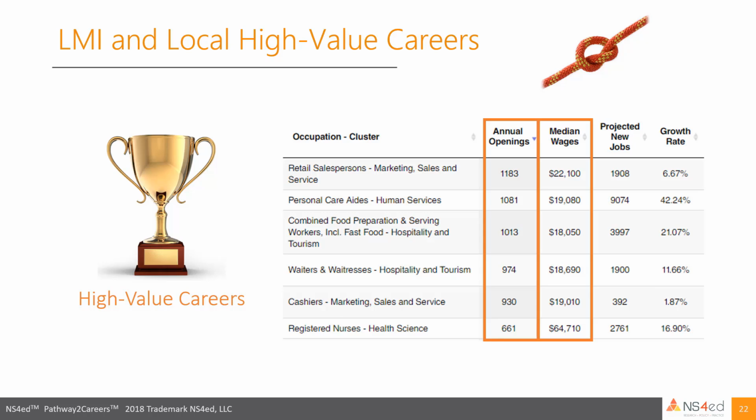Looking at where high numbers for both of these indicators intersect can reveal high-value occupations. These are occupations with a large number of annual openings and relatively high wages. In this particular example, registered nurses qualify as a high-value career due to the high number of annual openings paired with a high median wage.